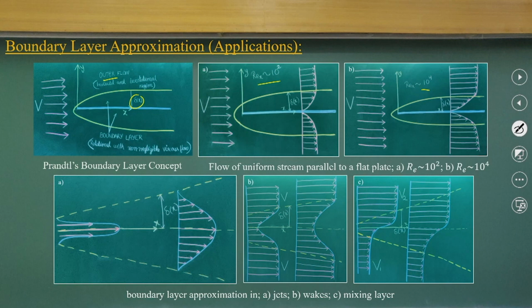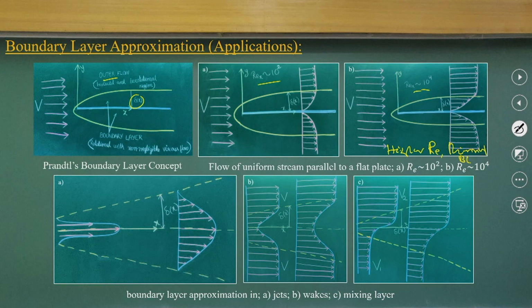These are the experimental findings, and analytically also we can get that trend: as the Reynolds number increases by 100 times, from this figure to this figure, the thickness is going to decrease. So, the higher the Reynolds number, the thinner the boundary layers.